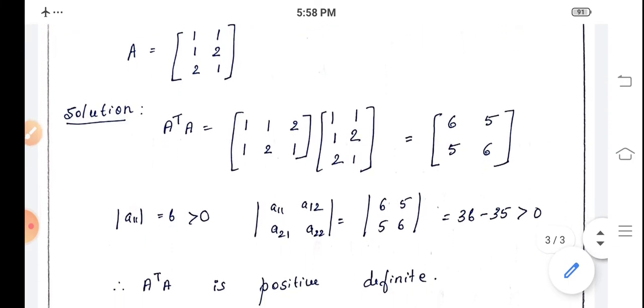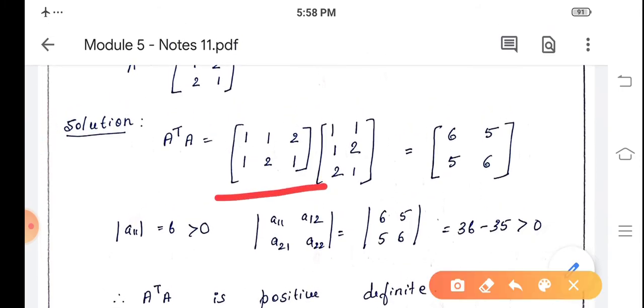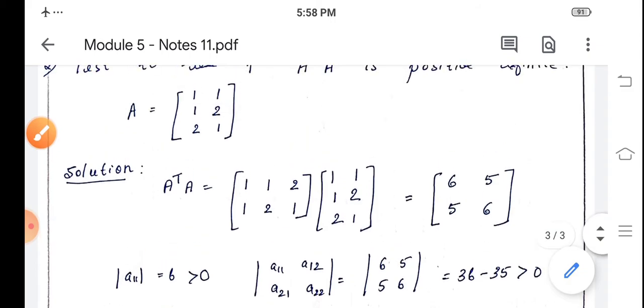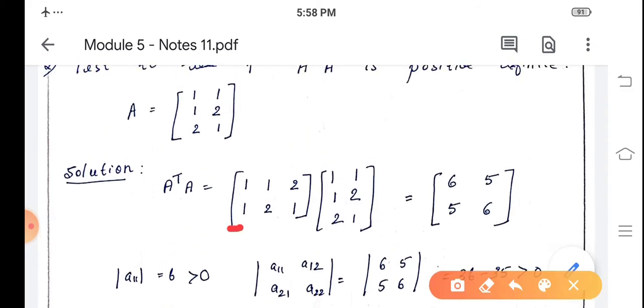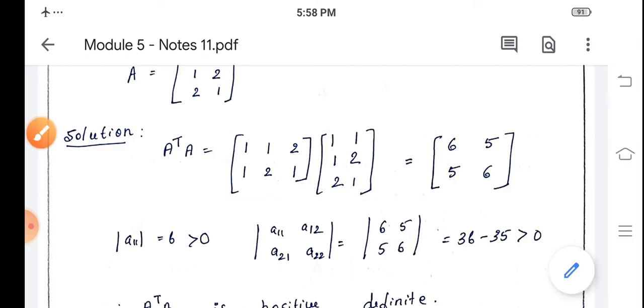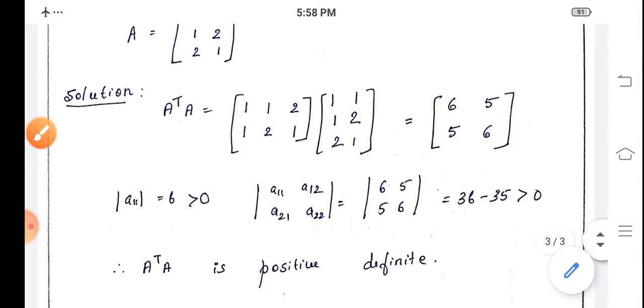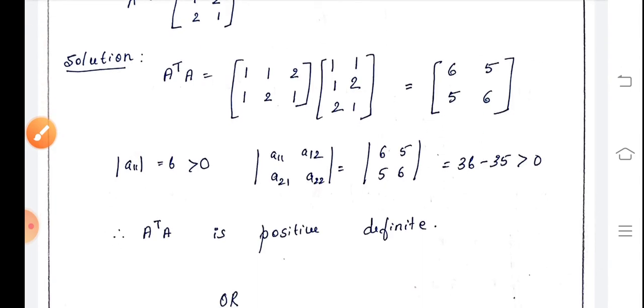Now let us find A transpose A by using given matrix A. So A transpose, that is the transpose of matrix A, is first row 1 1 2, second row 1 2 1. Multiply by matrix A, that is first row 1 1, second row 1 2 and third row 2 1. So when we multiply this, A transpose A will be first row 6 5 and second row 5 6.